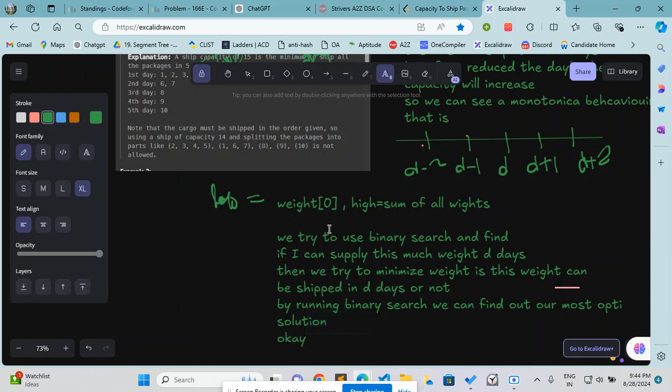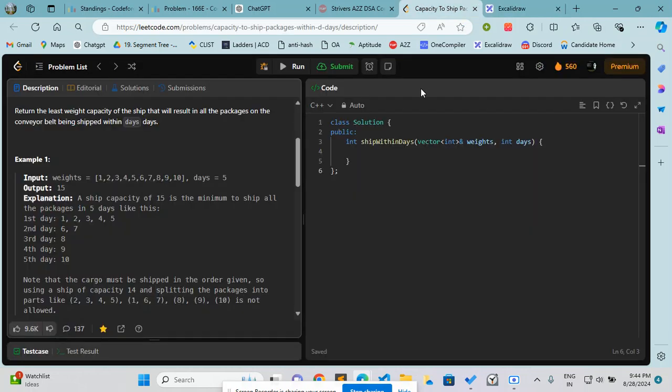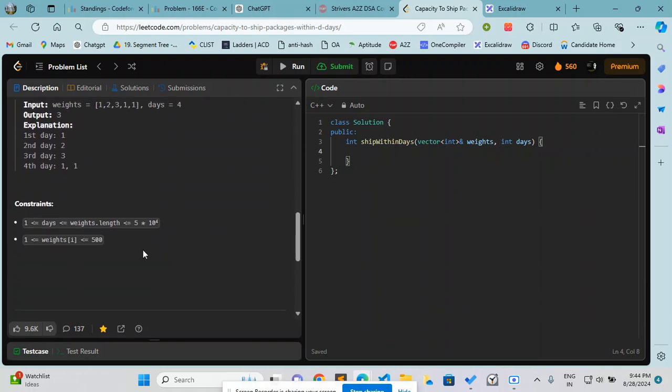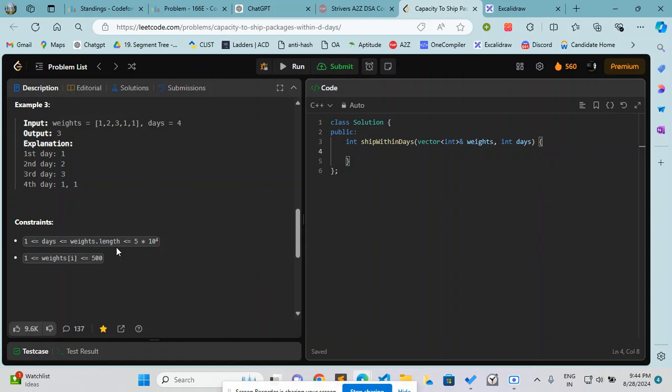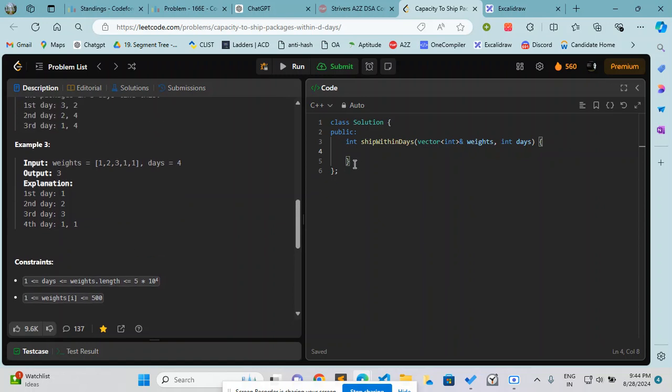Okay, I'll just try to code it. The given constraint is 500 over 4 and weight[i] is 500, which means the integer will not overflow. Let's first sort the weights if the given weights are not sorted.